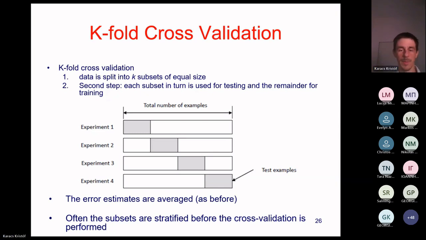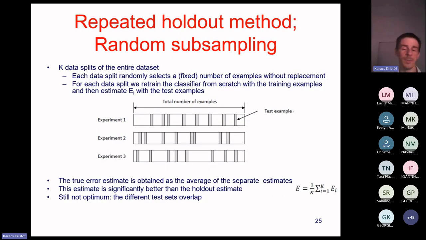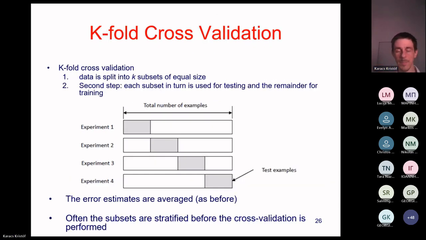Now, because of the visualization, you might think that, okay, but in this case, the test sets are less random than in the previous one, which in this visualization seems trivial. And of course, randomization is important.